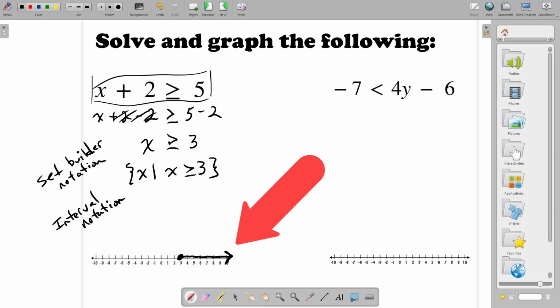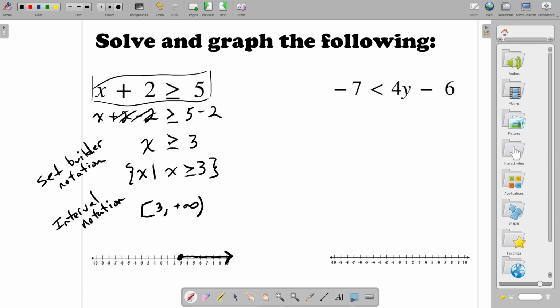In interval notation, we look at endpoints of our solution. This solution, the endpoint is at 3, and since we are including 3, we're going to write a bracket. This endpoint is 3, comma, and then this endpoint, well, this endpoint never ends. It continues to go, so we say that it goes to positive infinity, and since positive infinity is not a tangible endpoint, we can't say that we include positive infinity, so we write a parenthesis.